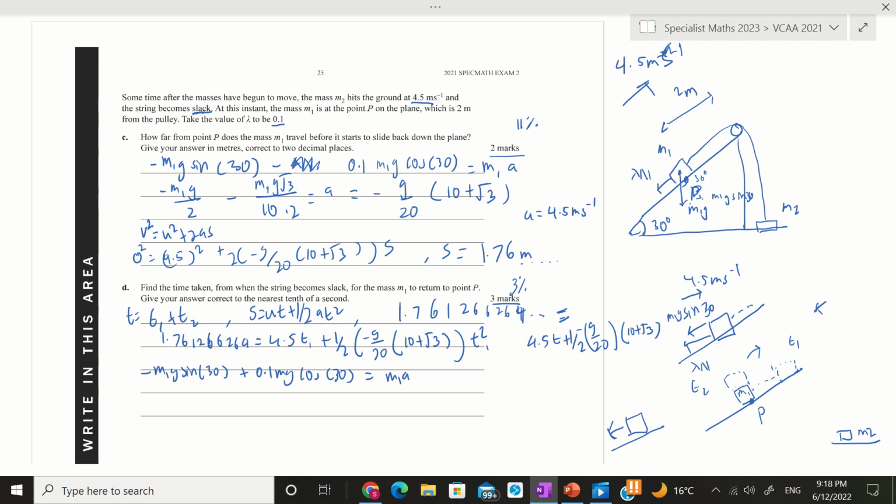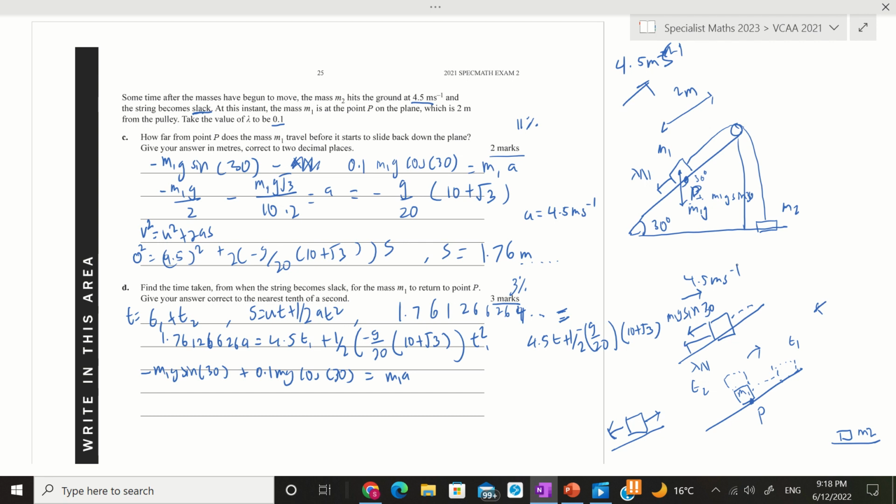But since the mass is moving in this direction, the friction force is pulling it back this way, which is why I've changed the sign on it. The reason this is negative and that is positive is because I've defined going up the plane as positive, but that's not too important for now.